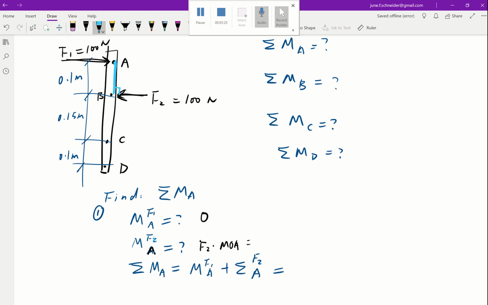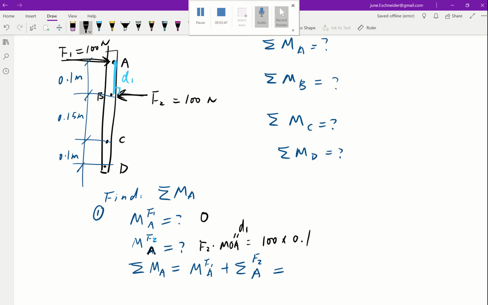Perpendicular. So that's going to be our d. What's our d value here? If we call that d1, F2 is 100 Newton, and the moment arm is d1. D1 is 0.1.